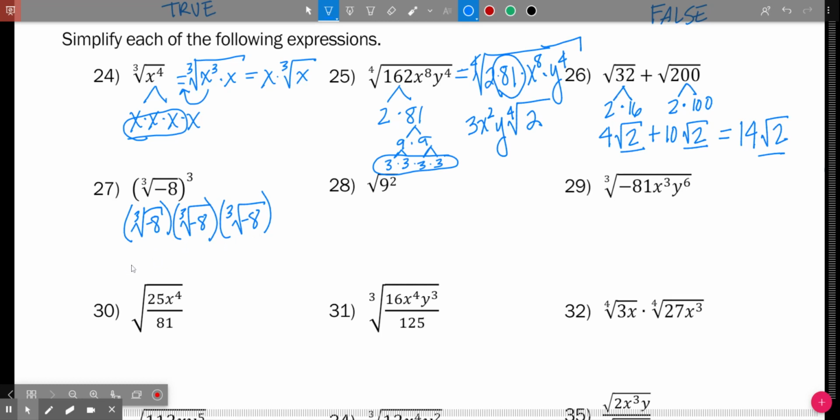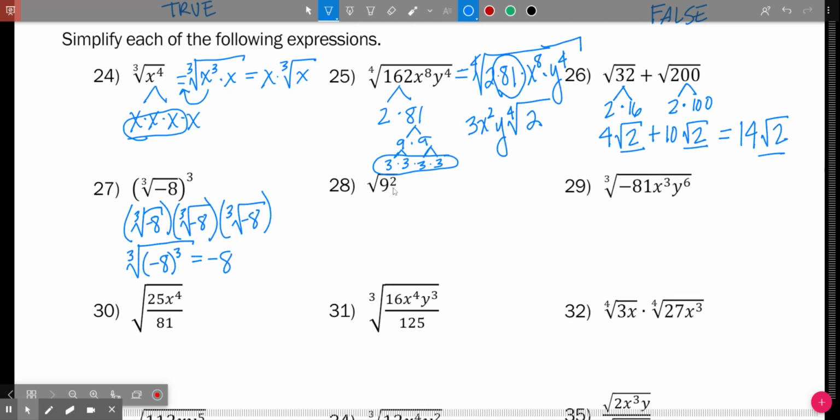So this is the cube root of negative 8 cubed. Well, using the nth root of the nth power, this is going to be negative 8 because the index is odd, n is odd. So we take the value of a inside.